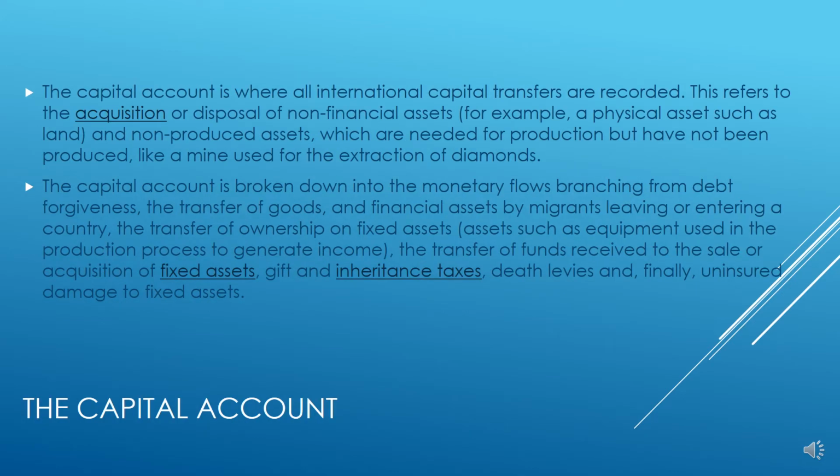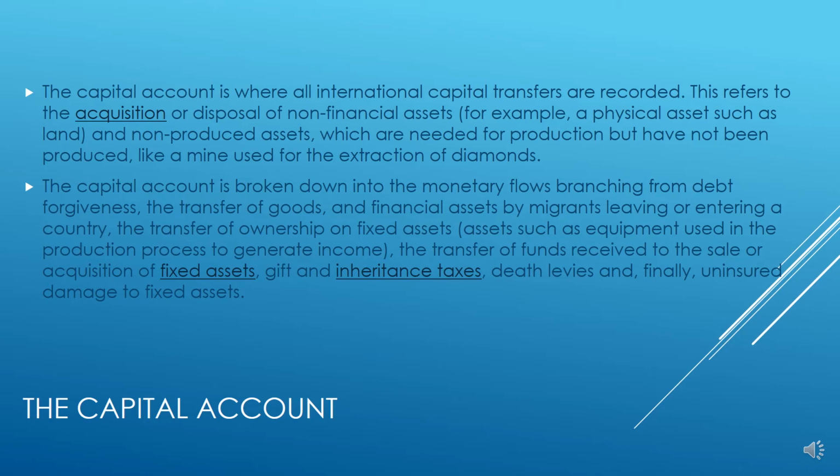Then, the capital account is where all international capital transfers are recorded. This refers to the acquisition or disposal of non-financial assets like physical assets such as land, or non-produced assets which are needed for production but have not been produced, like a mine used for extraction of diamonds.